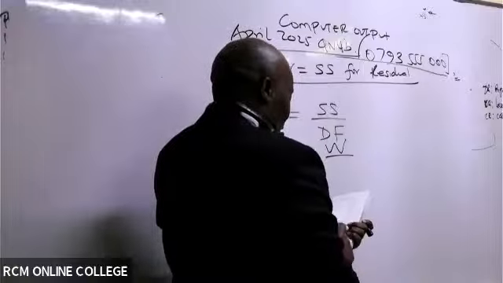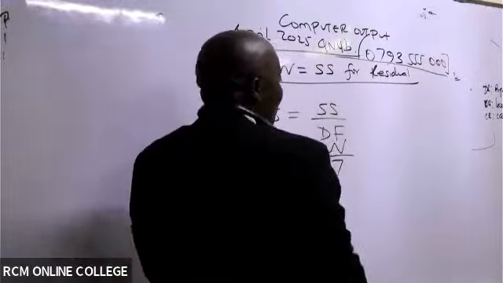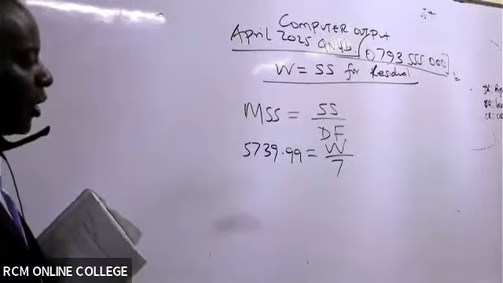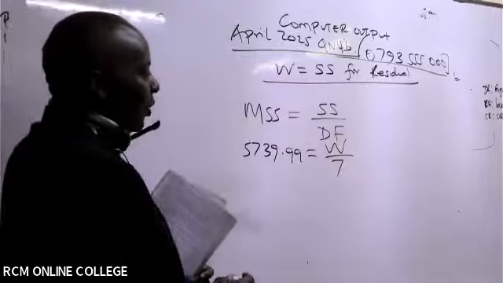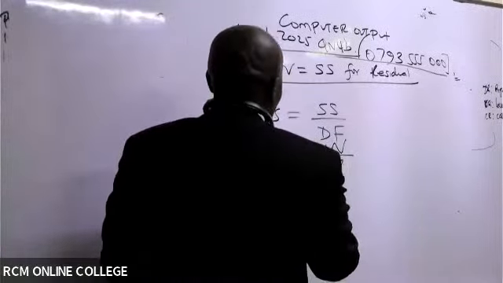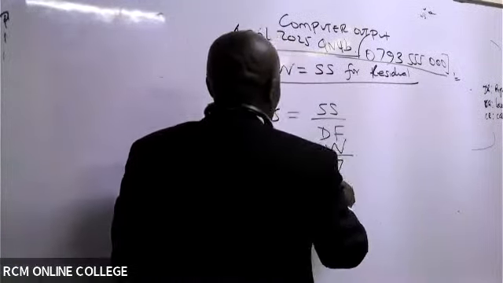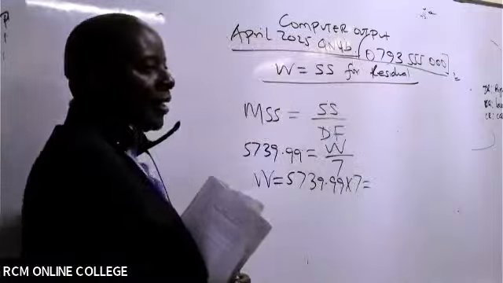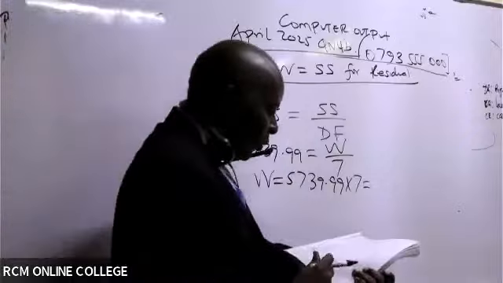For residual, the degrees of freedom are 7. So now make W the subject of the formula. If I cross multiply, my W will be 5739.99 times 7, which will end up giving us what figure?